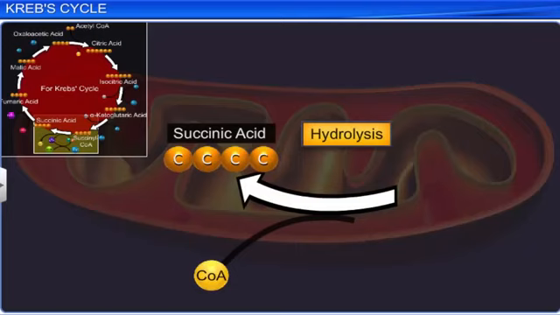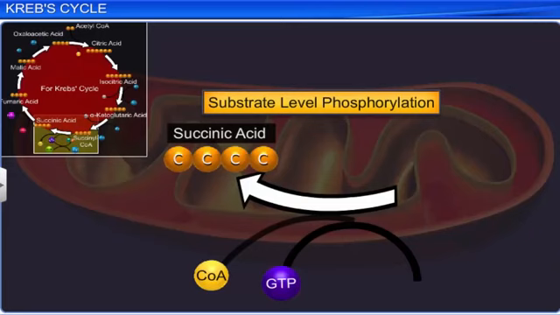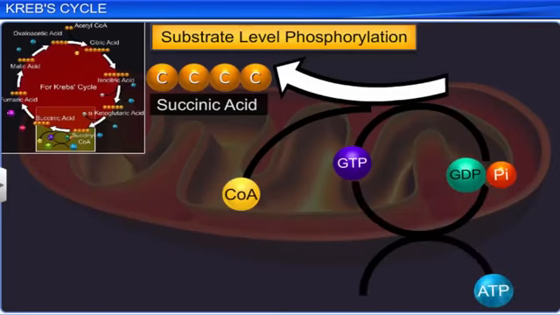This reaction also results in the production of guanosine triphosphate or GTP, a high-energy molecule, from GDP by substrate-level phosphorylation. The GTP thus formed is again converted back into GDP, coupled with the synthesis of ATP from ADP.